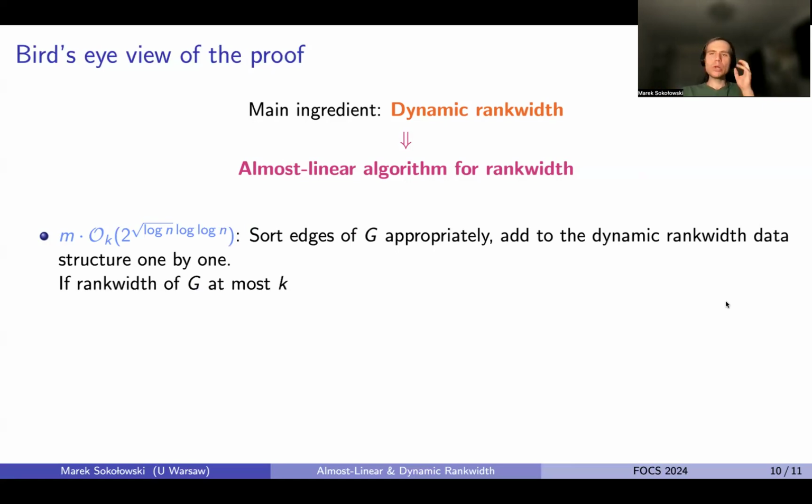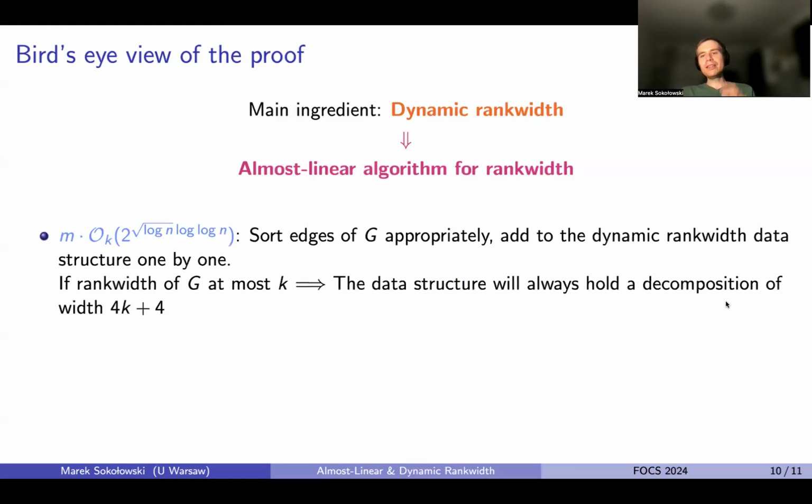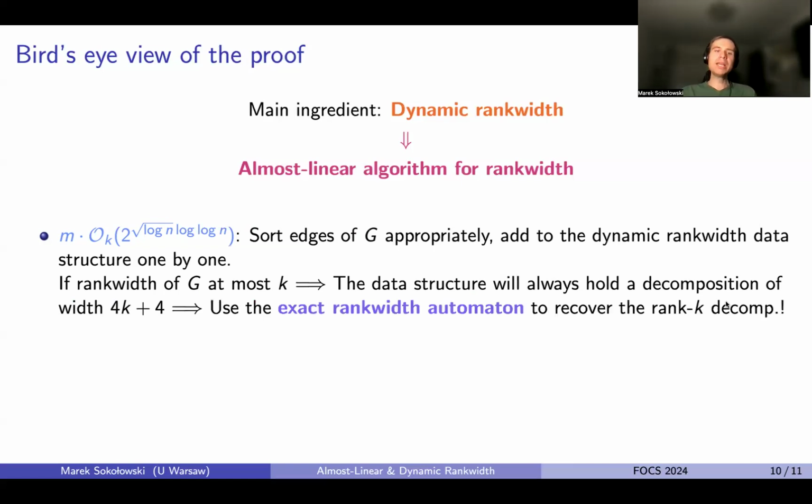And it turns out that whenever the rank width of the input graph is at most k, then this order of insertion of edges will ensure that the data structure will always hold a decomposition of width at most 4k plus 4. So the additions of all edges can be done efficiently. And then we can use the exact rank width automaton to actually recover an optimum width decomposition of the graph.